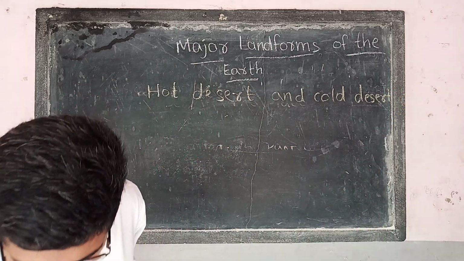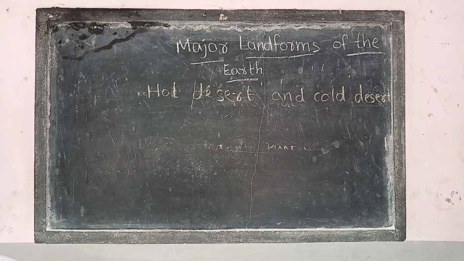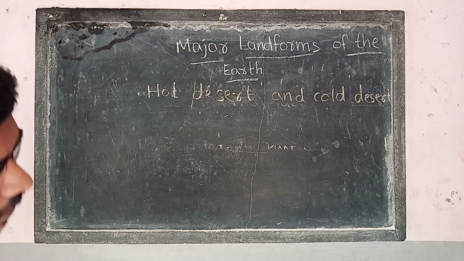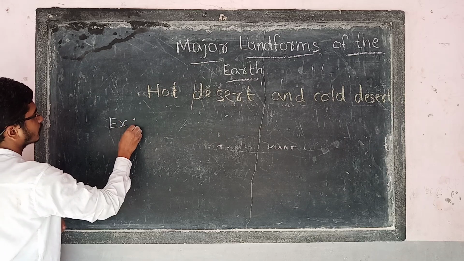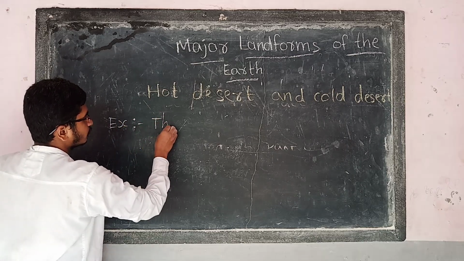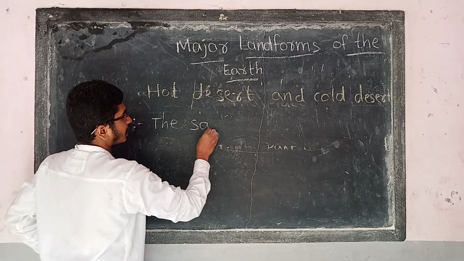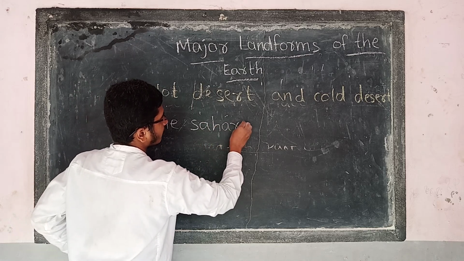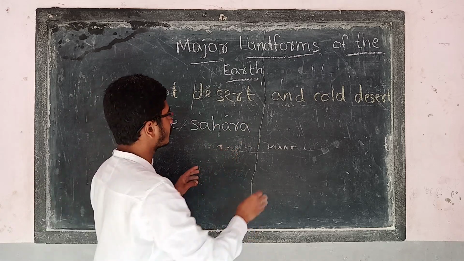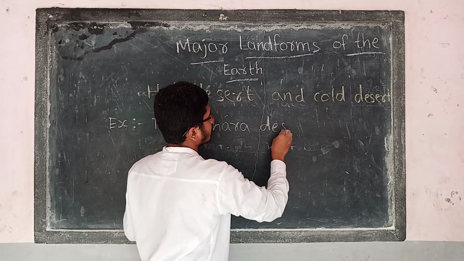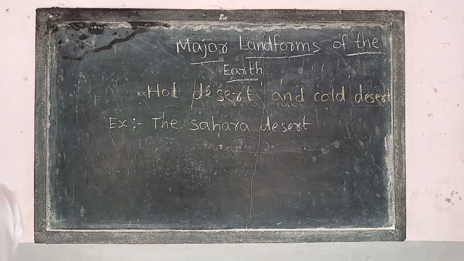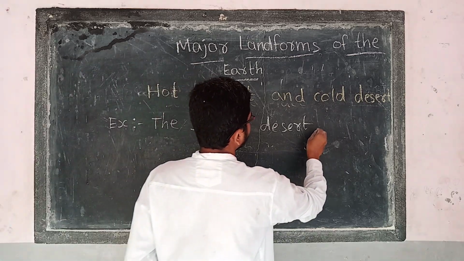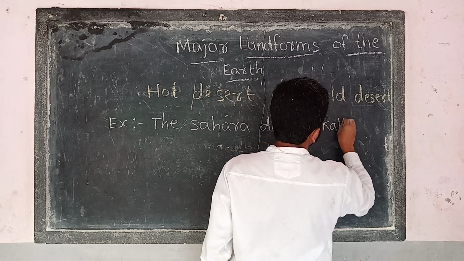What is a cold desert? For example, let's take some desert examples. The Sahara Desert, you might have heard. We'll write some more examples now. The Sahara Desert, Kalahari Desert, Arabian Desert, Gobi Desert, Atacama Desert, Mojave Desert.